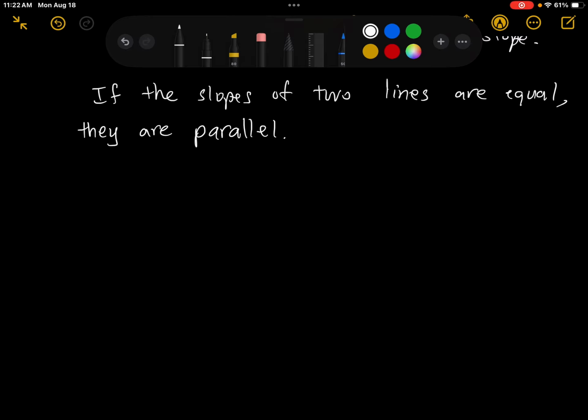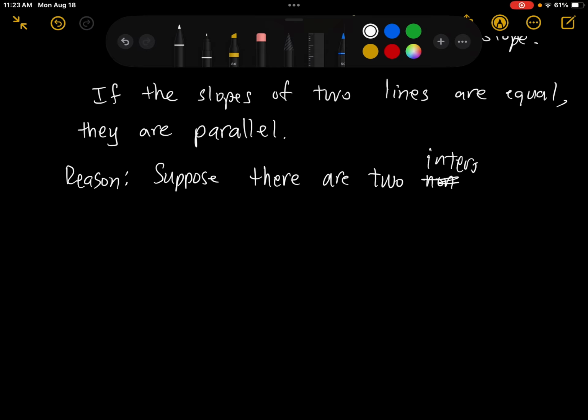And why is that true? Well, suppose that they were not parallel. So suppose that there are two intersecting lines with the same slope.